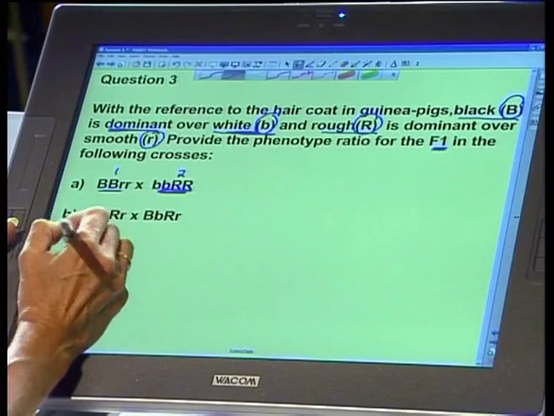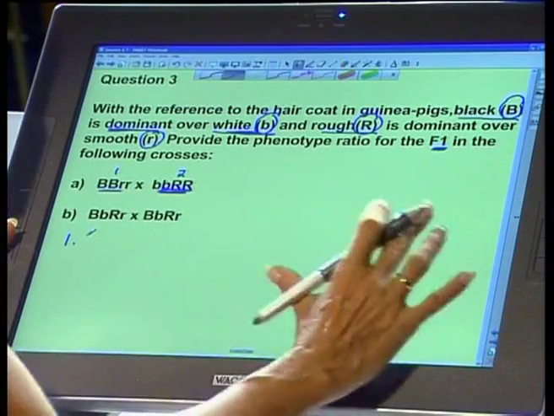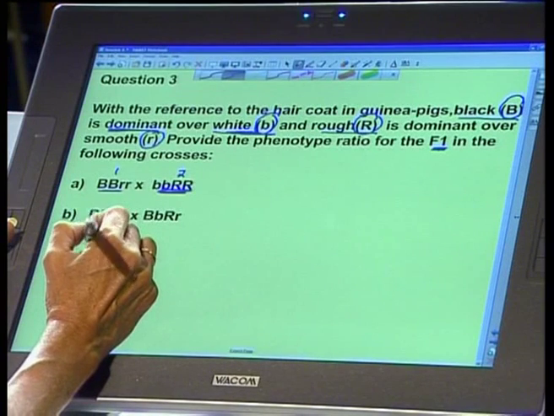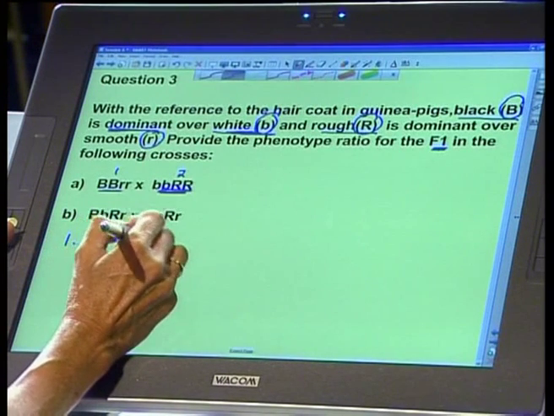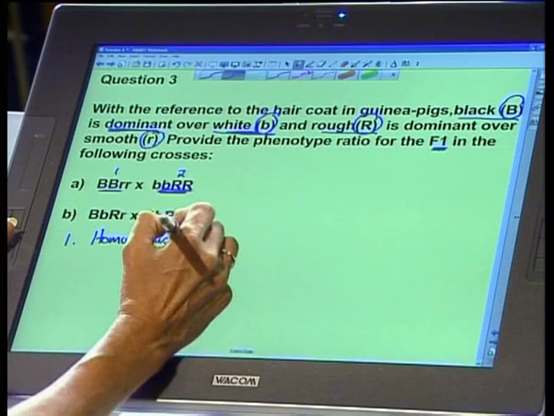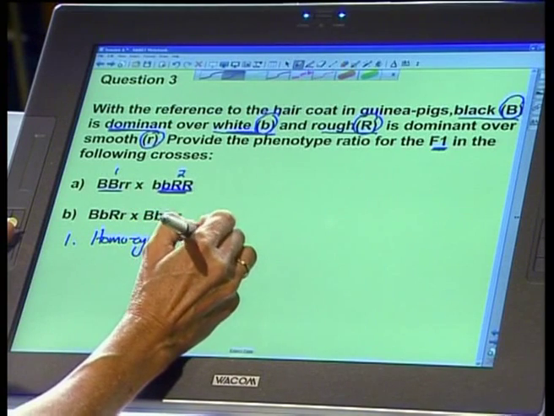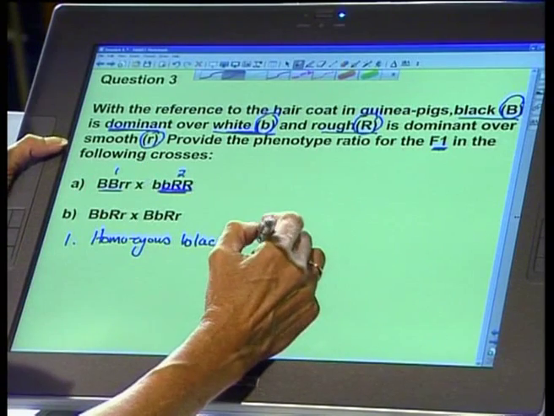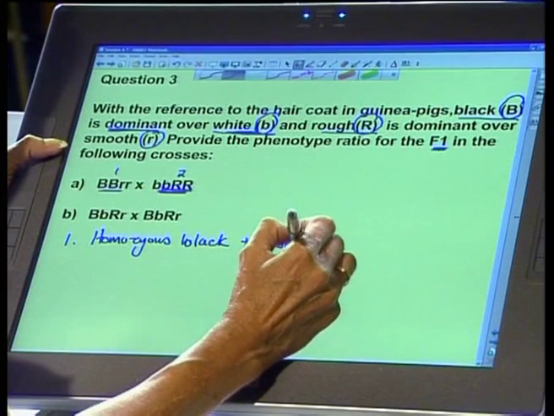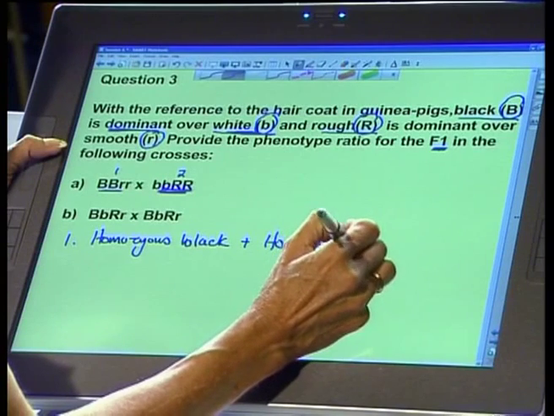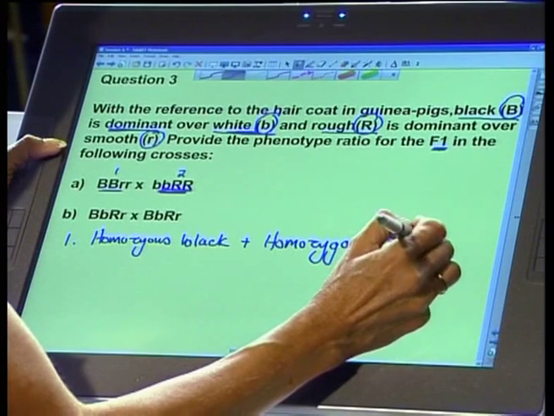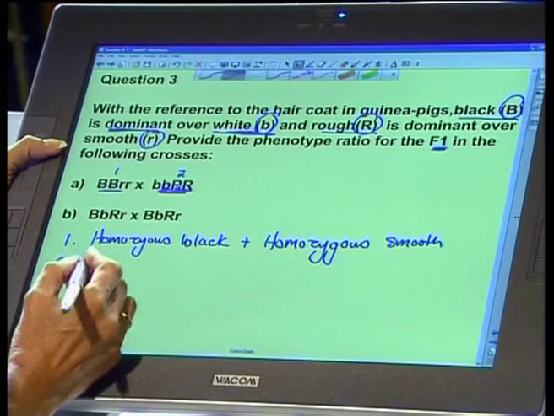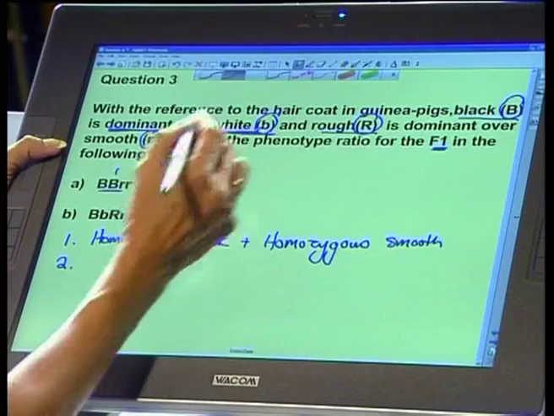Just for our own writing out on our page, parent 1 is going to be homozygous black, and it's going to have little r, so it's going to be homozygous smooth. And then our second parent here is going to be homozygous white.